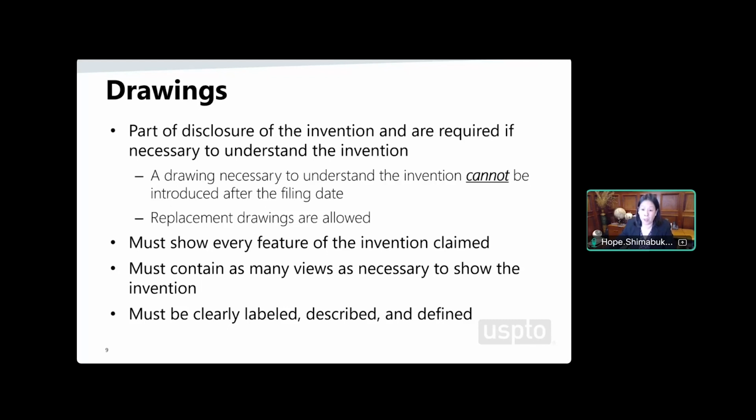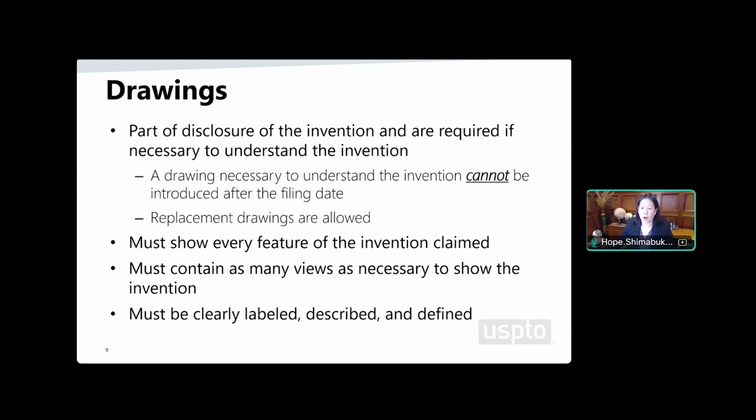And remember, the USPTO publishes things in black and white, so please file your drawings in black and white as well. One thing that I want to note is that all your drawings must show every claimed feature of the claimed invention. It's good practice to not assume that the examiner is able to know what is behind a certain angle or orientation of an invention.